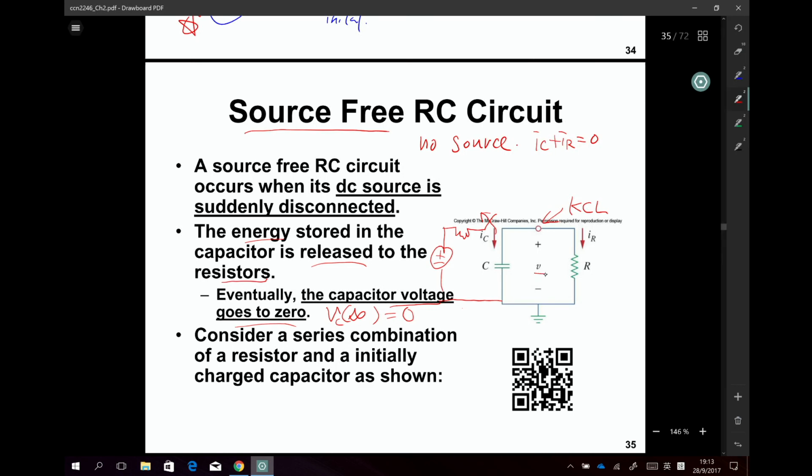And in terms of voltage, you can replace each current in terms of voltage, just like what you did in nodal analysis. Right? Now, iC equals C dV over dt.